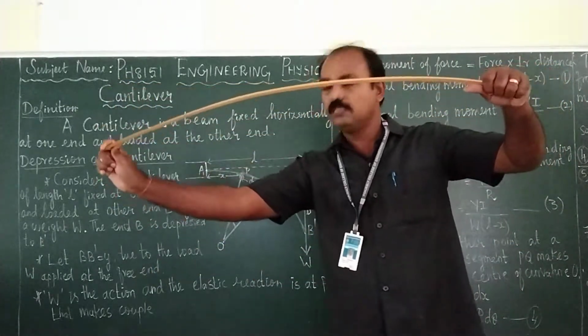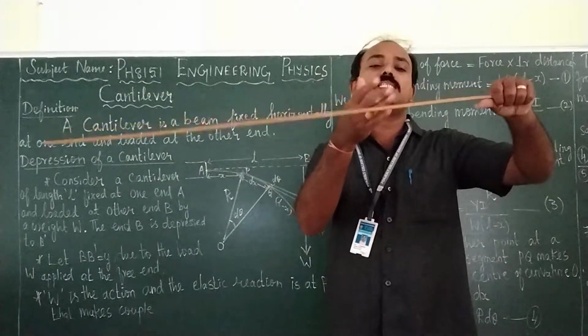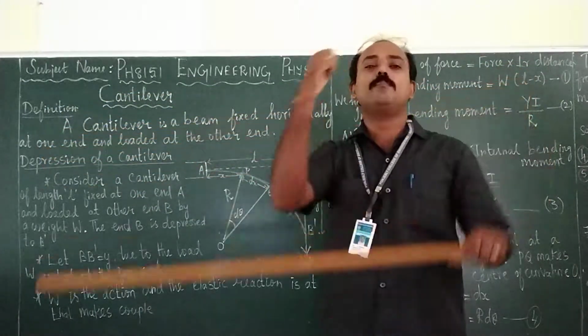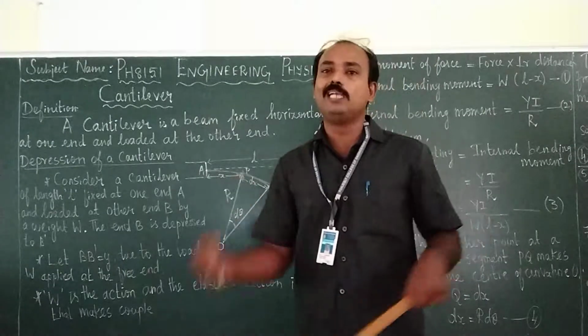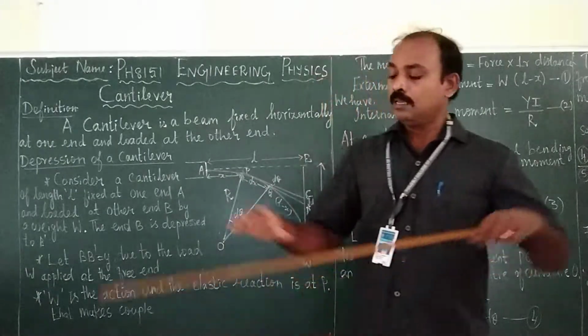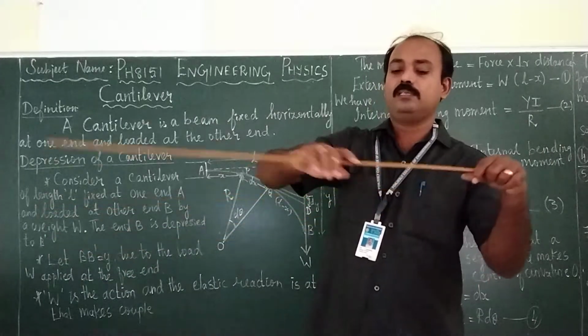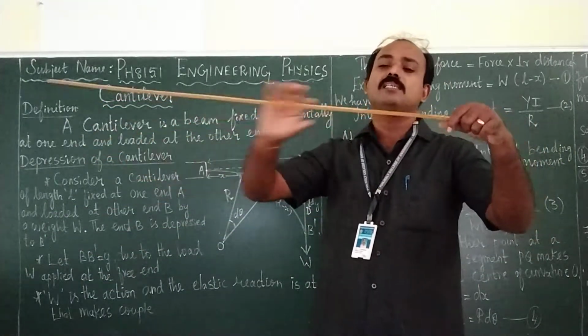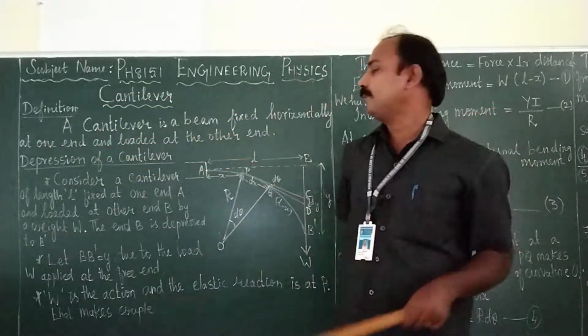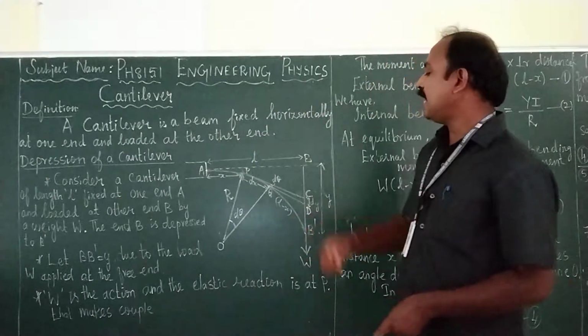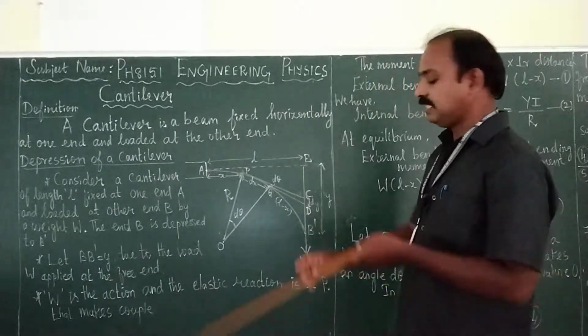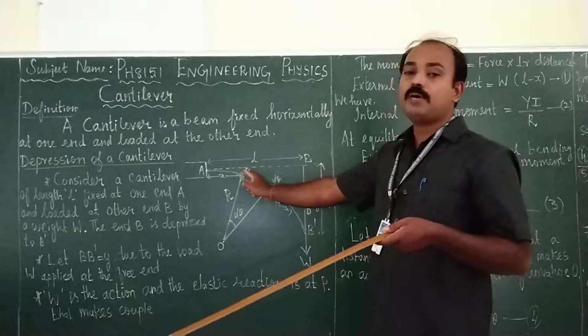The reaction is in this beam itself, the beam reacting against the weight. The reaction happens where the bending takes place. So W is the action and the elastic reaction is at this particular point P.